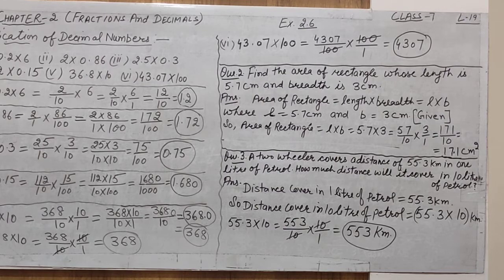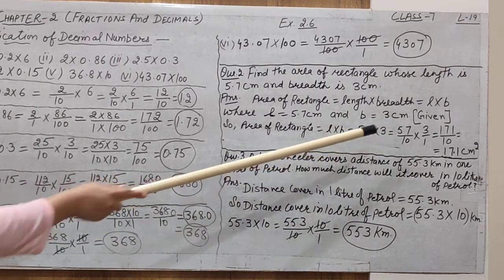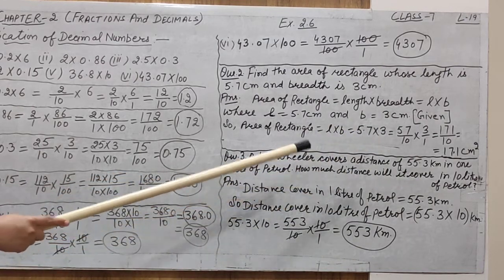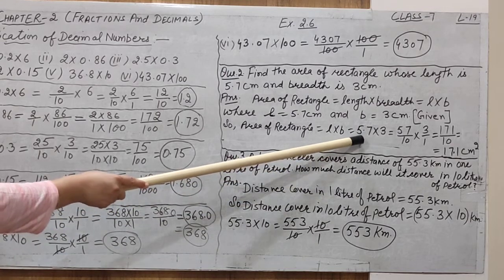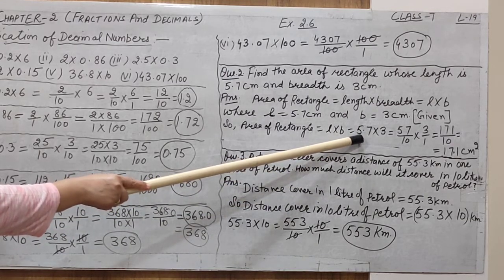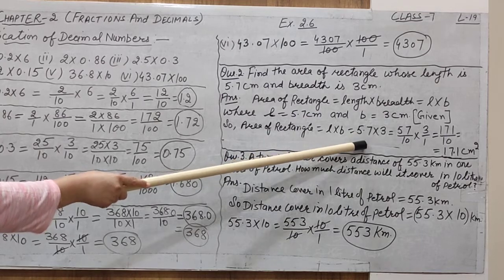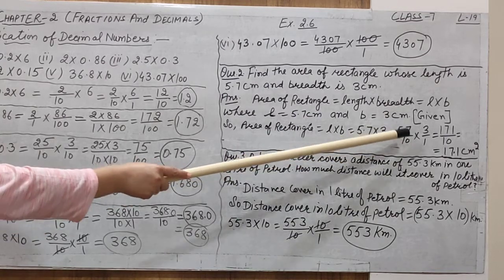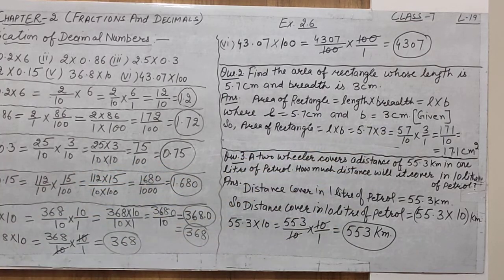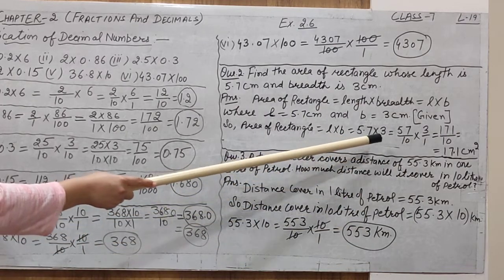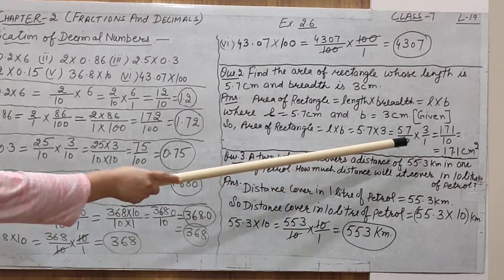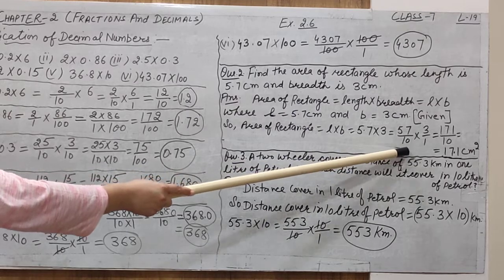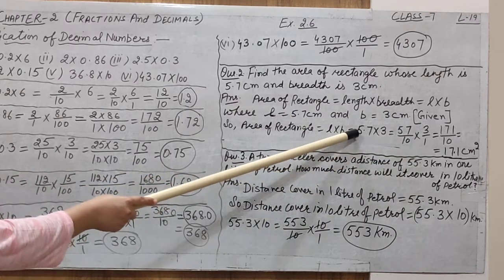Now how can we multiply a decimal number with the whole number? As I told you in previous examples, change the decimal number into fractional form. So 5.7 can be written as 57 divided by 10, because after the decimal there is only one digit. So we put 1 0 in the denominator, 1 in the place of the decimal.